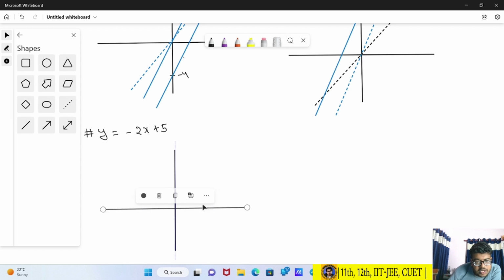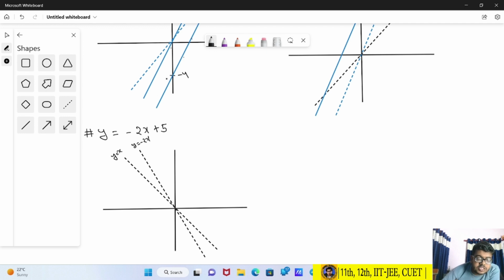These are coordinate axes, and this is y is equal to x, and next is y is equal to minus 2x. So this is y equal to x, and this is y equal to minus 2x.